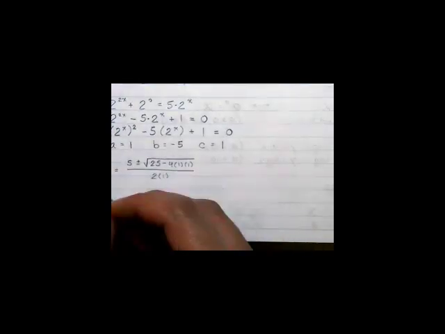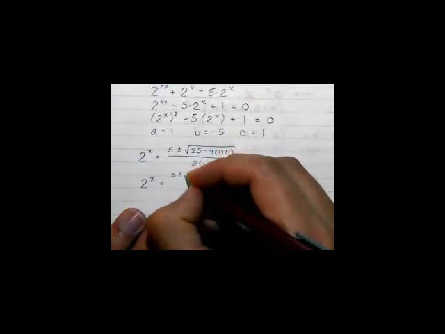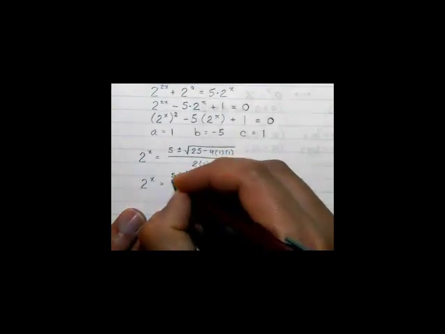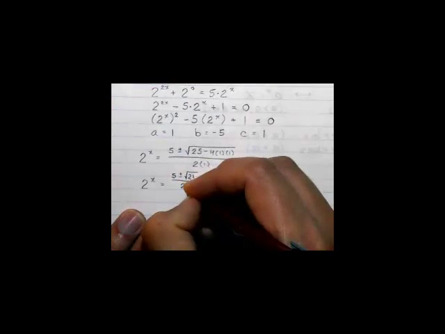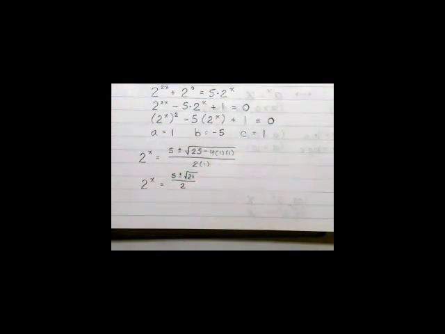Okay, so 2 to the x equals 25 minus 4, the square root of 21. So this is 5 plus or minus the square root of 21 divided by 2. So let's see what those two answers are. So 5 plus the square root of 21 divided by 2.